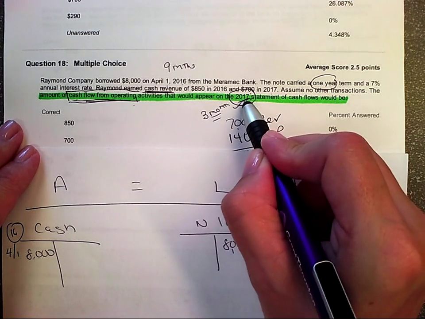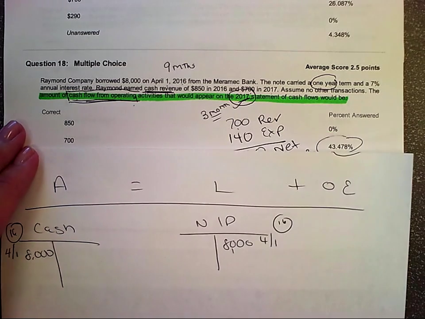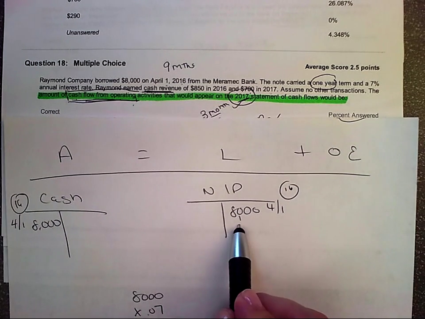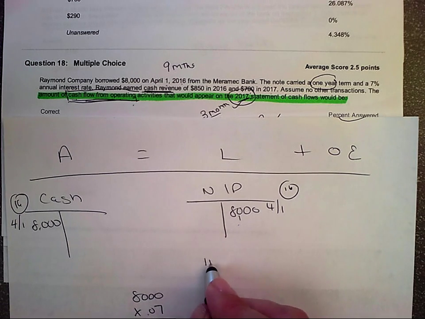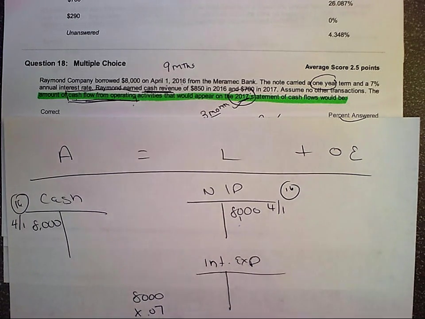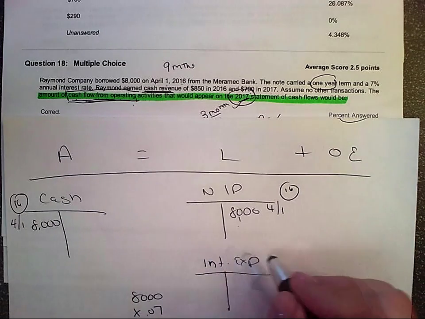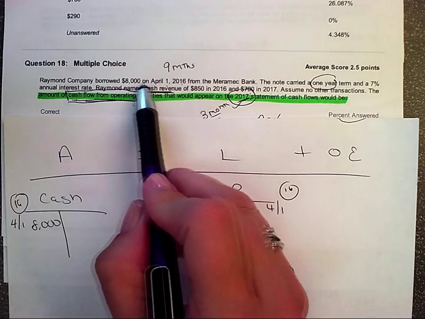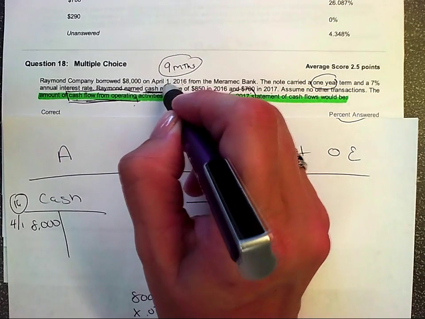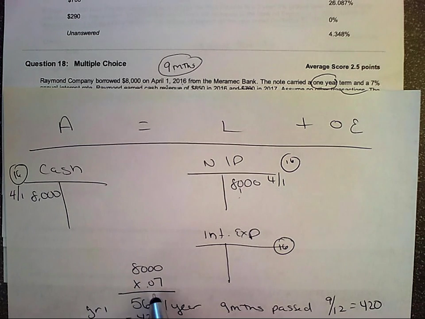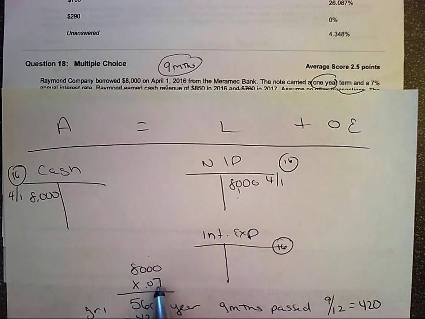So in 2017, you had the following information. We had the note payable to begin with. We also want to make sure that we are always accruing our interest expense up until the date that it's due. So if we are looking at the year 16, the first year where 9 months were outstanding on that first year, we can look down and say 8,000 at 7% is 560 per year.